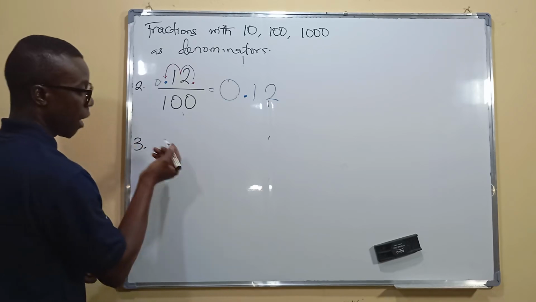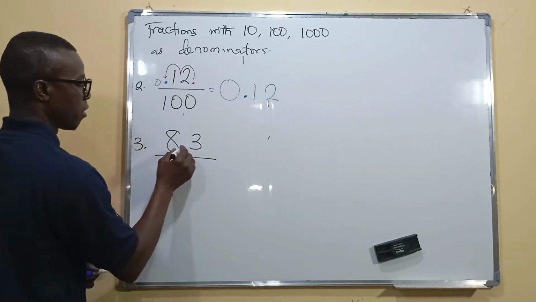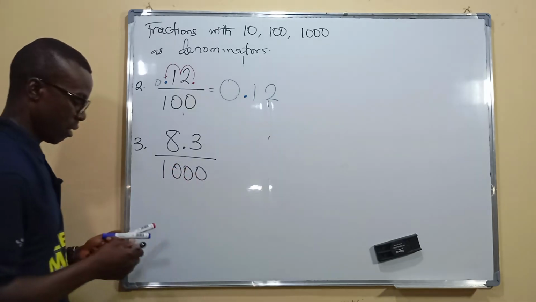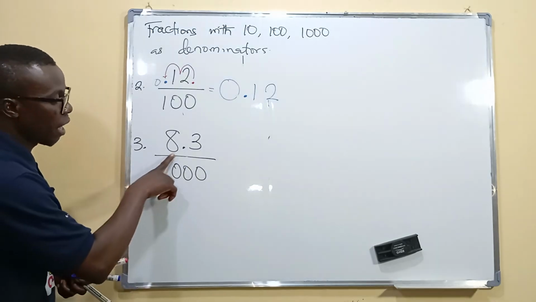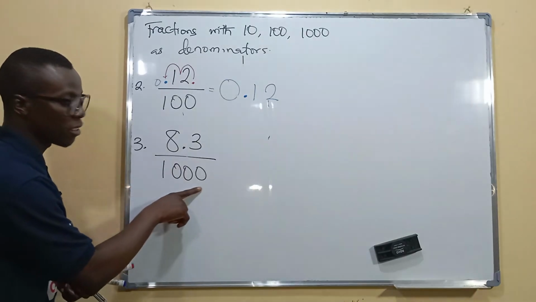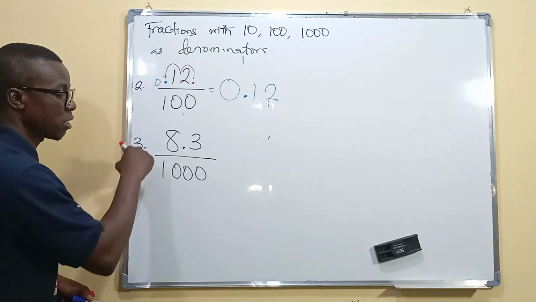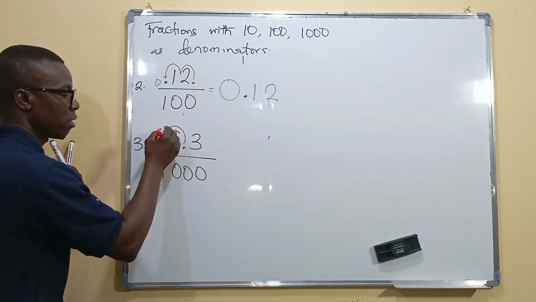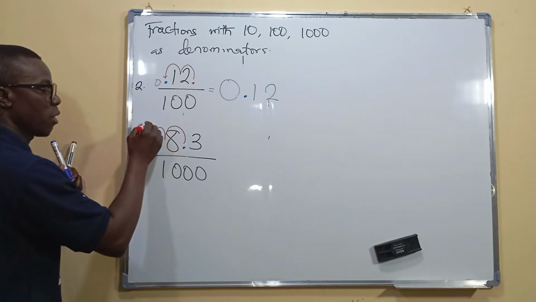Let's also look at other examples. Let's say I have 8.3 divided by 1,000. You're going to see there's a point there already. How many zeros do I have in the denominator? I have 3 zeros, so I'm going to move 3 steps to the left: this is 1, this is 2, and this is 3.